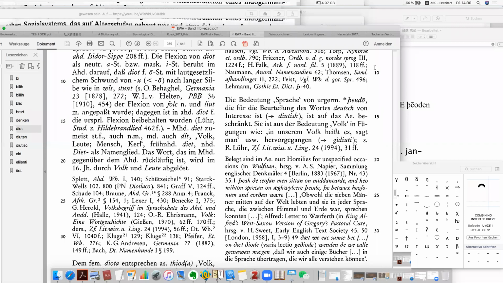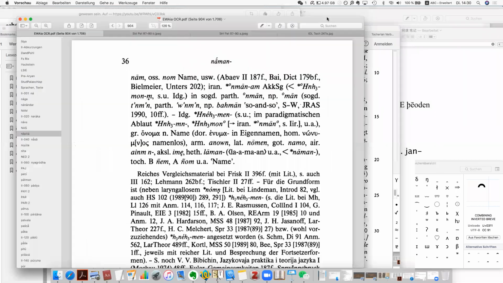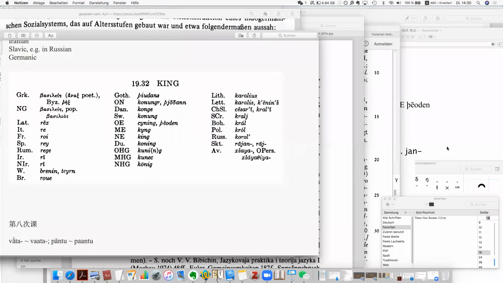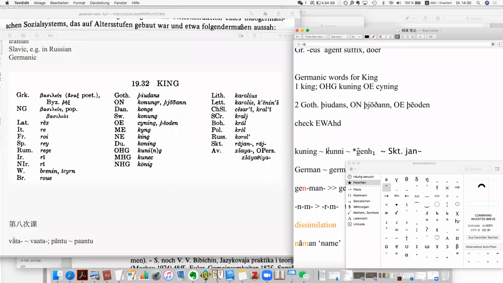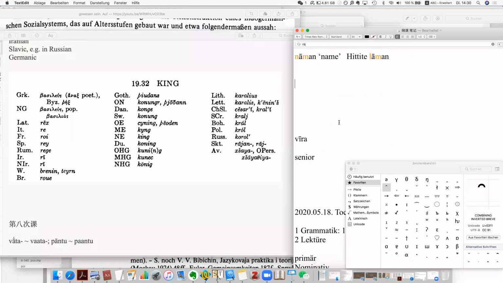Okay. And then let's move on to the Balto-Slavic group. So the Balto-Slavic group is a little bit easier. So this is Lithuanian, and then in Slavic we have two groups.